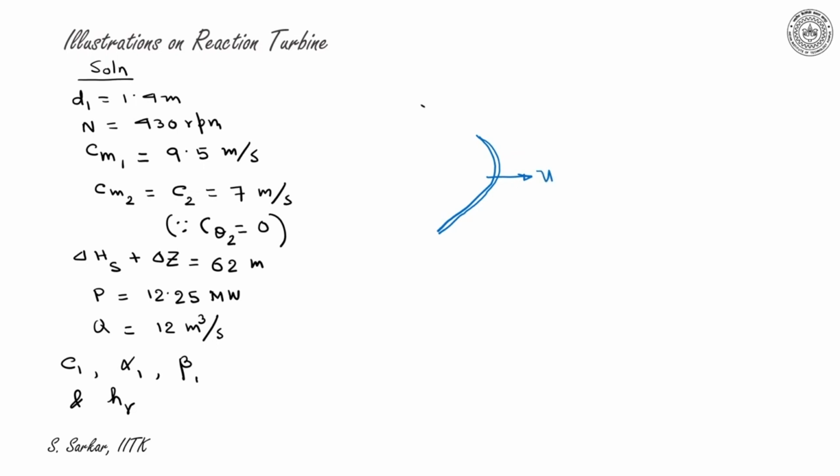C1 makes an angle alpha 1 with respect to tangential direction. Now this angle is beta 1. If we project C1 in the meridional plane, this will be Cm1.